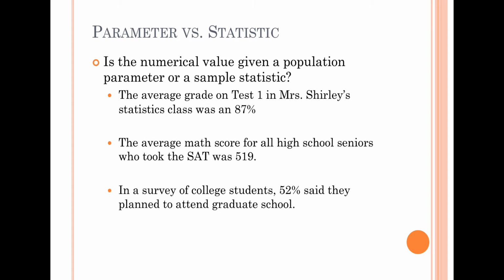One thing you want to think about is, what is the target population here that's being described? And it appears that the only thing that's really being described here is a very specific population, and that is Ms. Shirley's statistics class. And so if we're told that the average grade on test 1 was an 87, we're assuming that she didn't take a sample. That's just what it was.